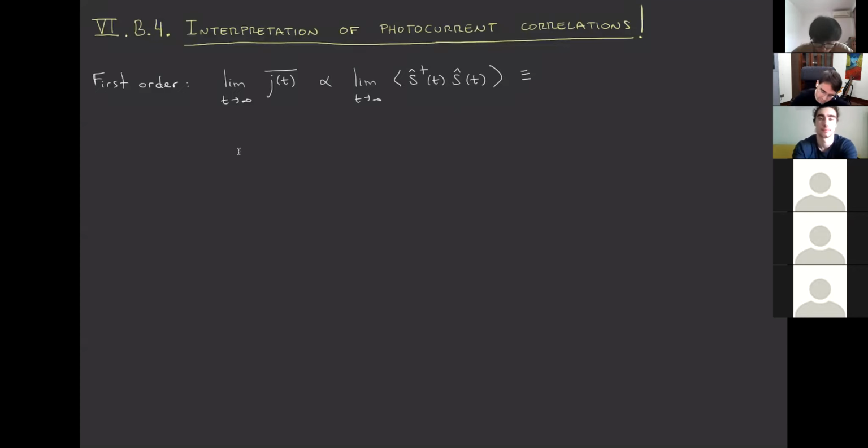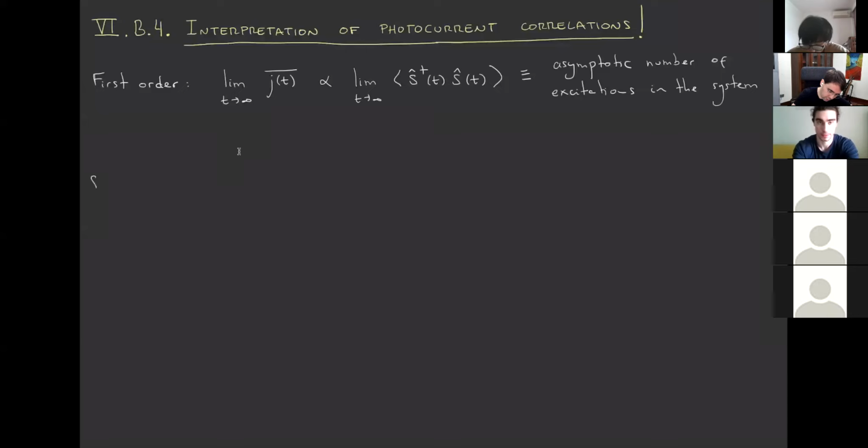So then this is just the asymptotic number of excitations in the system. Okay? So then the first order one, it's kind of trivial.